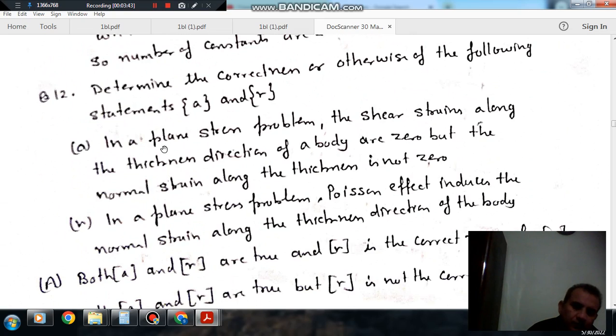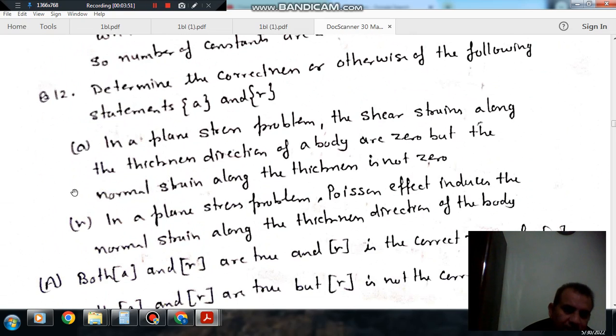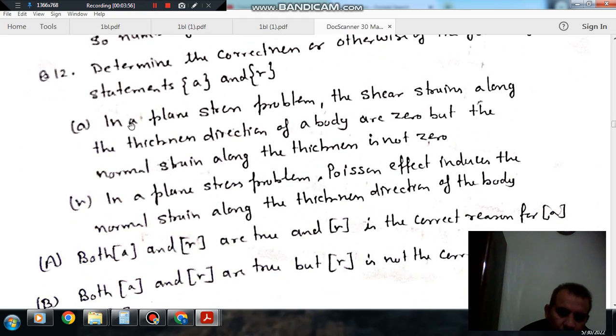Both statements are true because in a plane stress problem there is stress in two directions, and due to these stresses there is strain in the third direction also. The strain in the thickness direction is not 0, but the shear strain is always 0 in the third direction.